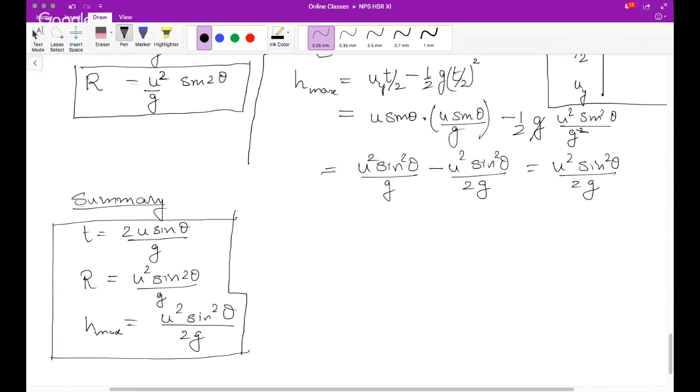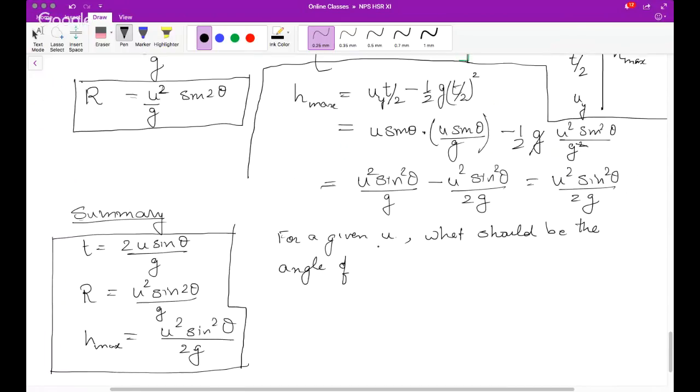So please remember this. One more analysis: for a given u, what should be the angle of projection, or angle of launch, so that R is maximum?